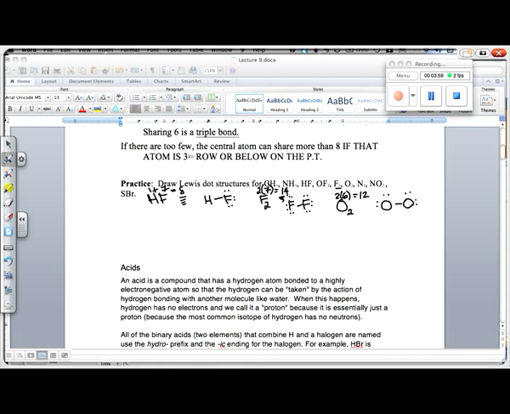2, 4, 6. So in order that you make them happy, I wrote the steps so that you start off like this. Then step 5, which we haven't used yet, says if you have too many and you have these elements and these elements only with each other, so any combination within this set of 5, they can share more than 2.